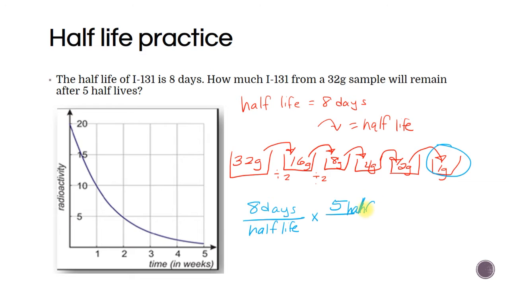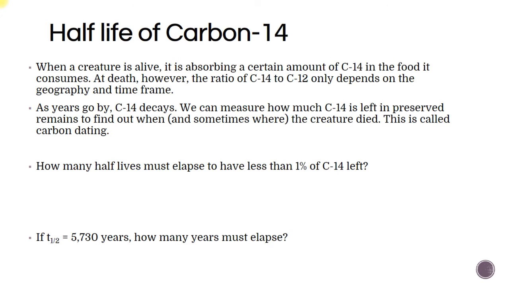The half-lives are canceling here, so 8 times 5 gives us 40 days. So if we started with 32 grams of I-131, in 40 days we would only have 1 gram of I-131 left. The rest of it has been converted to some other element. It's no longer iodine anymore.